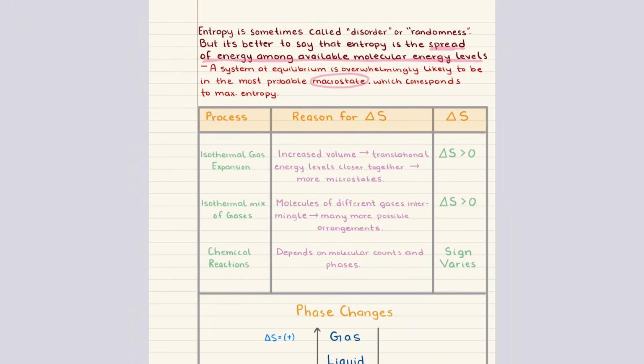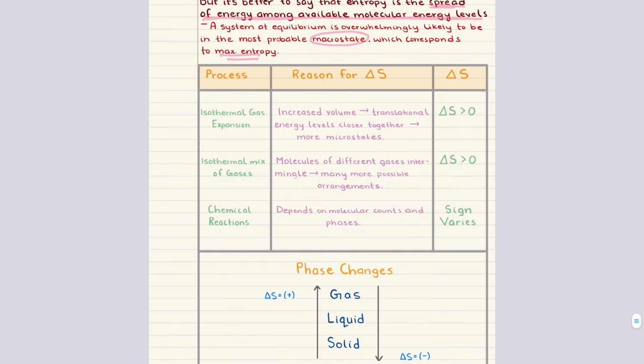At thermal equilibrium, the system is overwhelmingly found in the most probable macrostate, which has the largest number of microstates and the most probable distribution of energy. This molecular interpretation enables us to understand the nature of entropy and its changes.